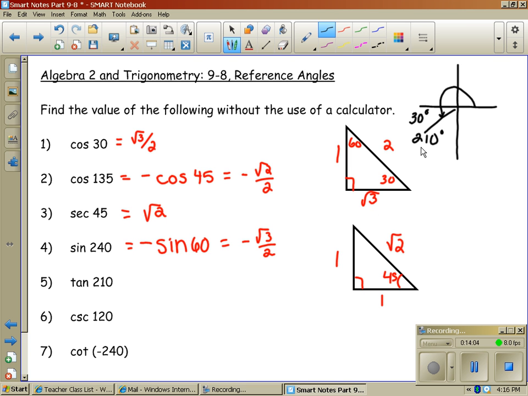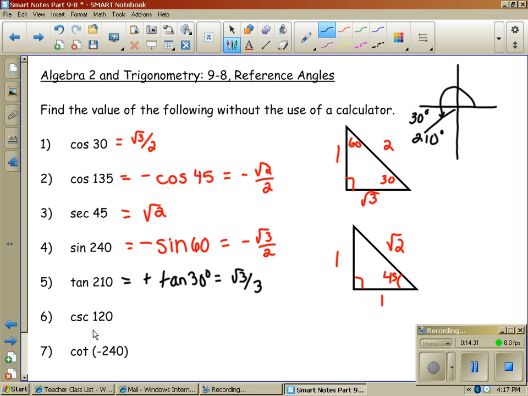Tangent, third quadrant, positive or negative? The answer is positive. So the tangent of 210 is the same as the positive tangent of 30. Go to your triangle, opposite over adjacent, rationalize, square root of 3 over 3.